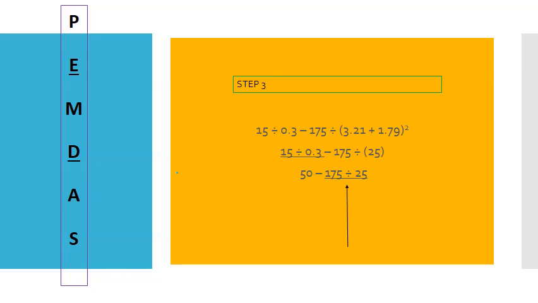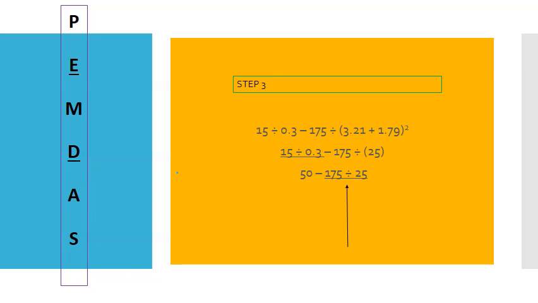Okay, we're still in multiplication and division mode here because we have not completed all of the multiplication and division in this problem yet, and we're going to go ahead and do that. That's why I have the arrow pointing to our next expression. So multiplication and or division, starting from left to right, we're going to scan it. Yes, we come up with 175 divided by 25.